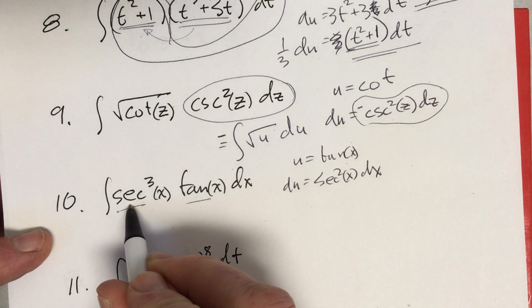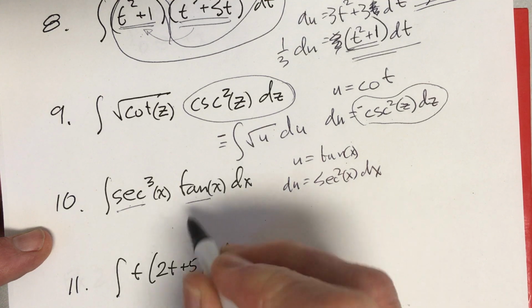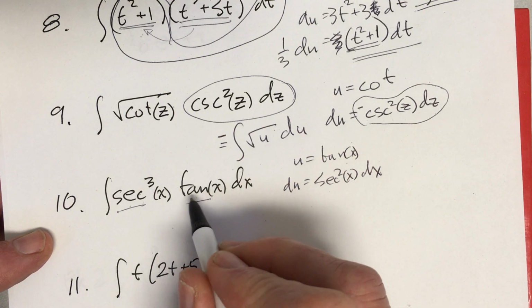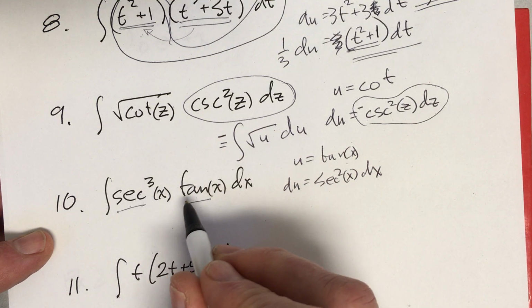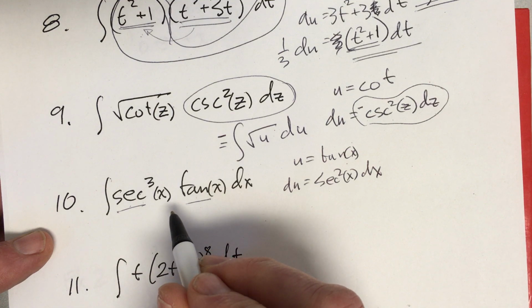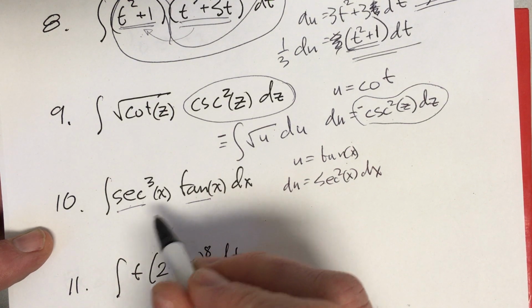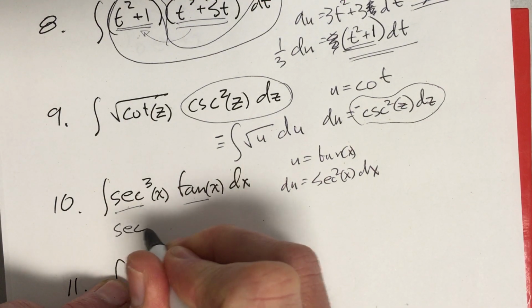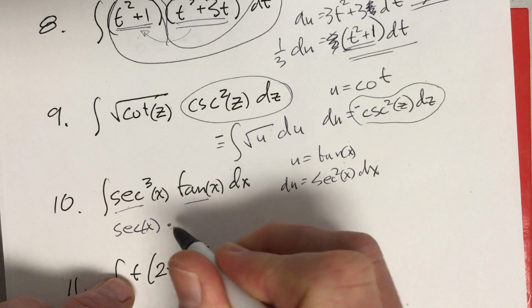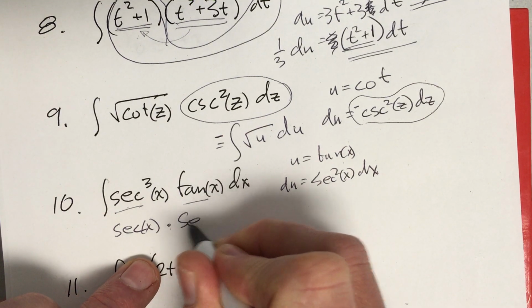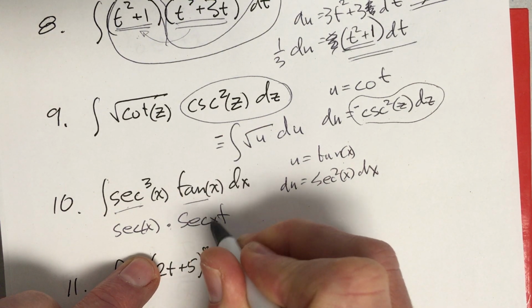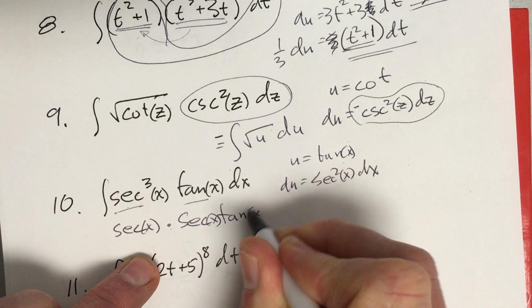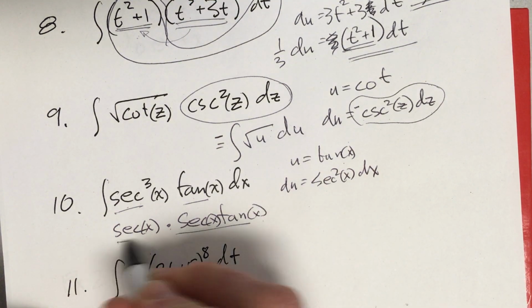And that's going to mean that then if I pull out and separate these into, oh, no, that's some little mistake there. I caught that. So think of this as secant of x times secant x tangent of x. Be careful which direction you're going.